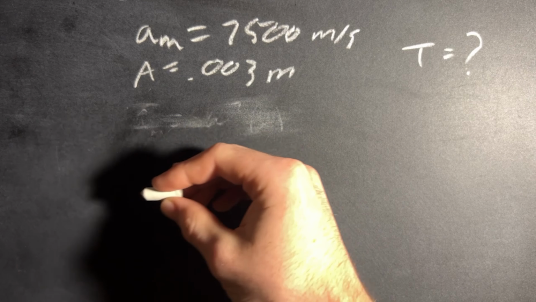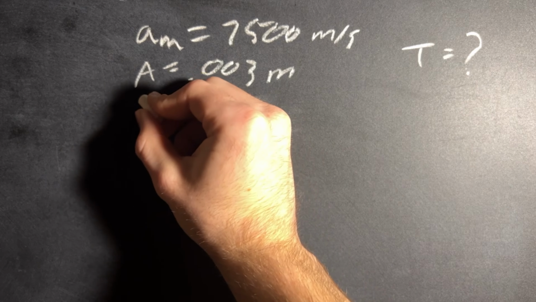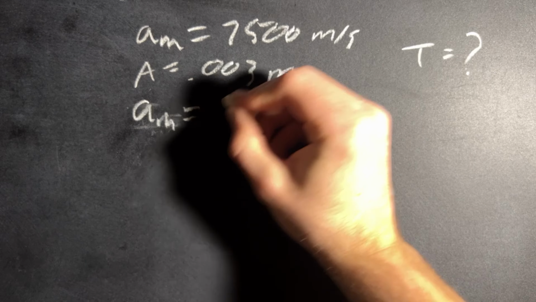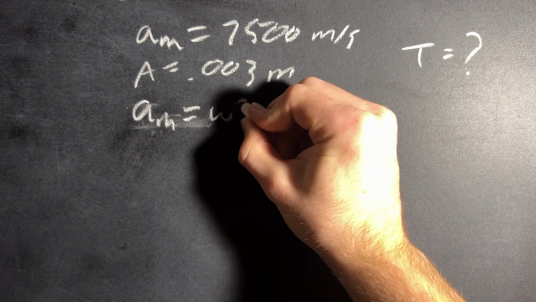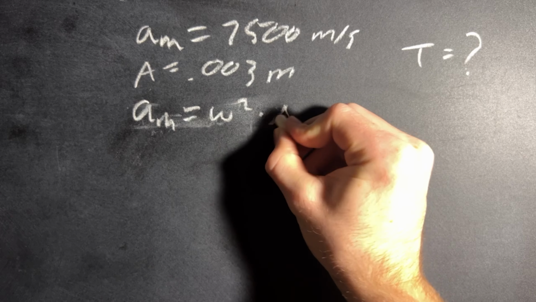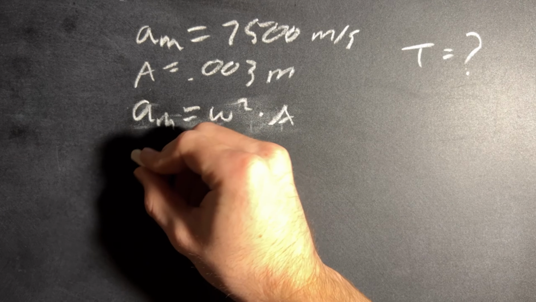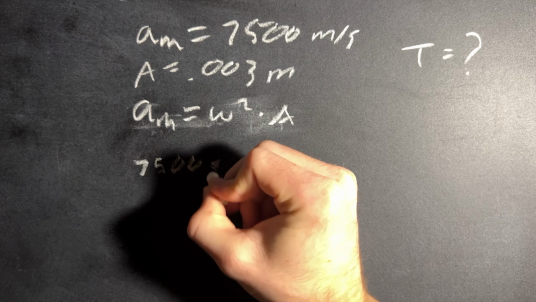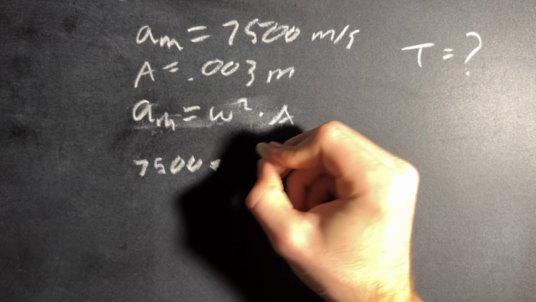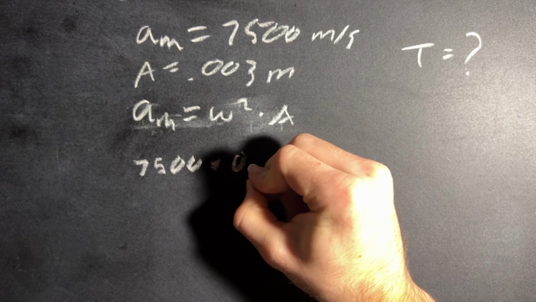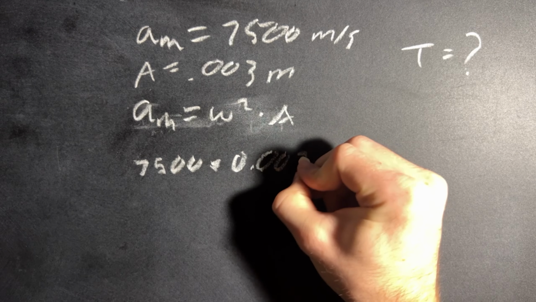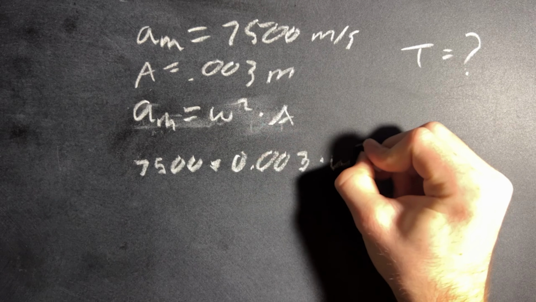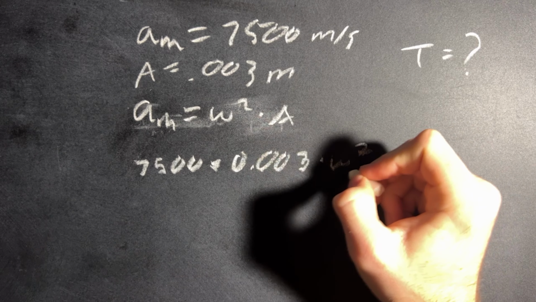Now, to do this, we are going to have A max equal to omega squared times A. To solve for that, we're going to have 7,500 equal to amplitude, which is 0.003, times angular velocity squared.